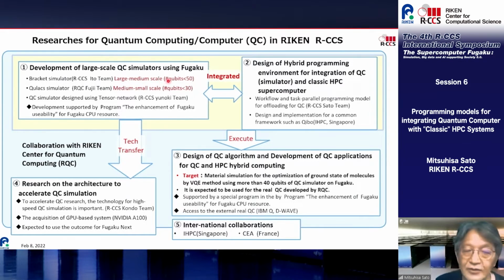The number of qubits is about 50. Another simulator is CRUX, which is developed by the R-CCS Fujisan team. This is for medium-scale to small-scale. So we have two kinds of simulators, and they run on Fugaku.